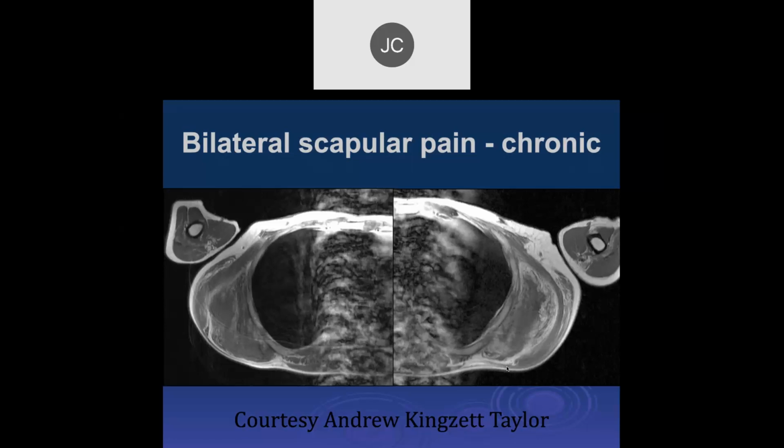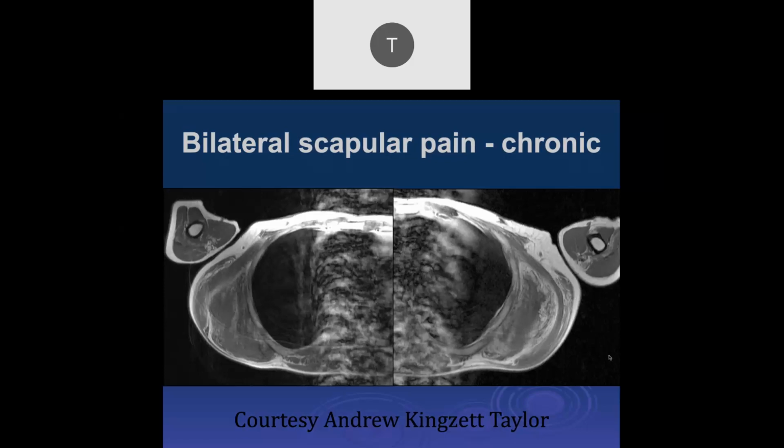Okay, we've got bilateral scapular pain, chronic. Here, I think we're looking against the lateral chest wall, deep to the serratus anterior muscle.